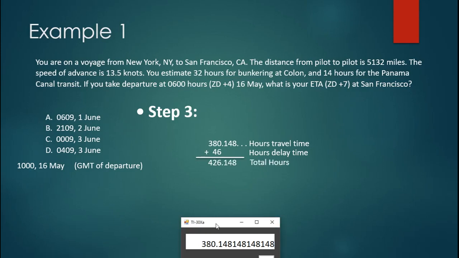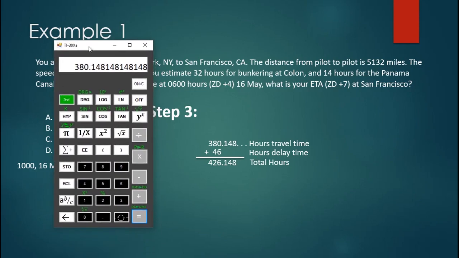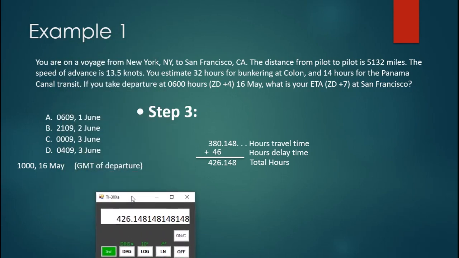And again, here I've just carried the decimal place out 3 places, but when we put it in our calculator, I'm going to add 46 to it, and we'll keep that decimal in our calculator.